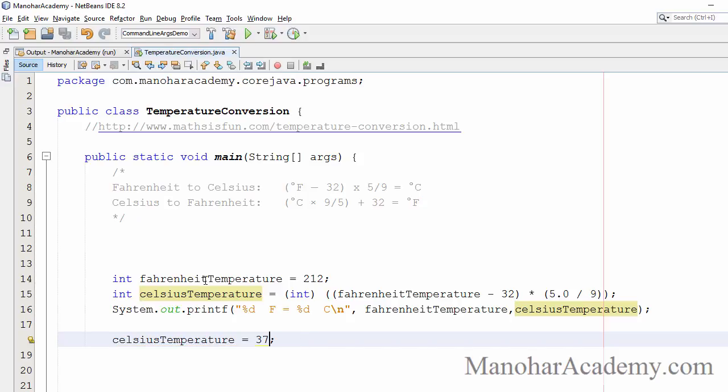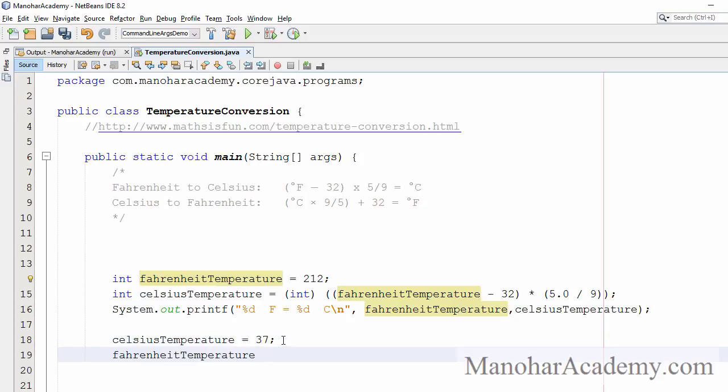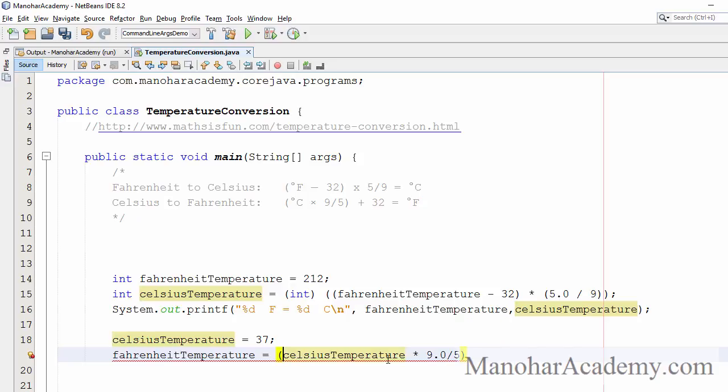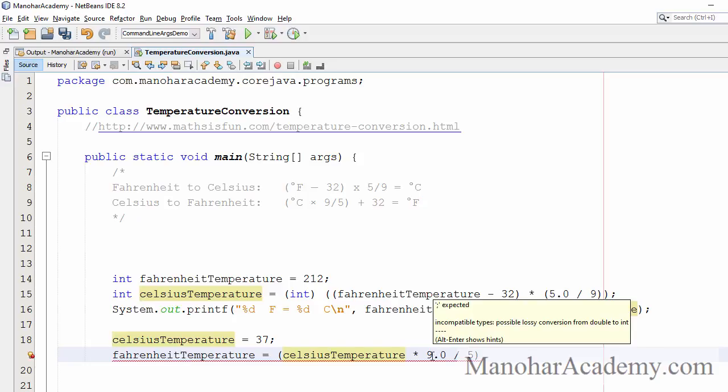So I am again reusing the Fahrenheit variable. What is the formula? Celsius into... This time we are not going to make a mistake. We are going to use 9.0 divided by 5. Because here there is no addition or subtraction, I'm going to leave it like this, and not include 9.0 divided by 5 inside parentheses.